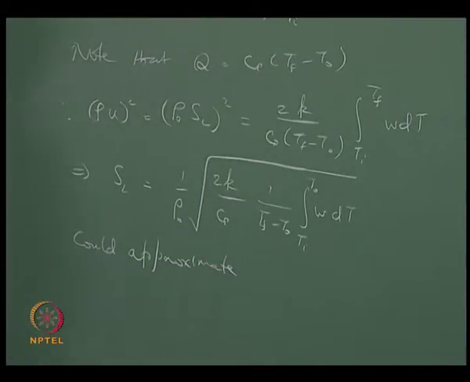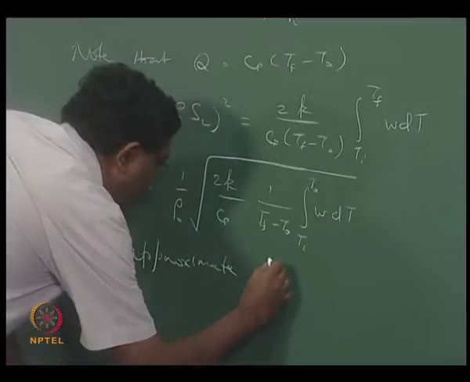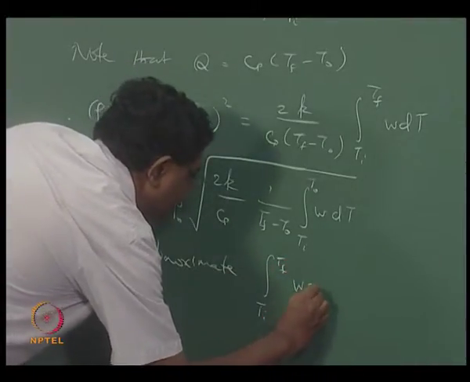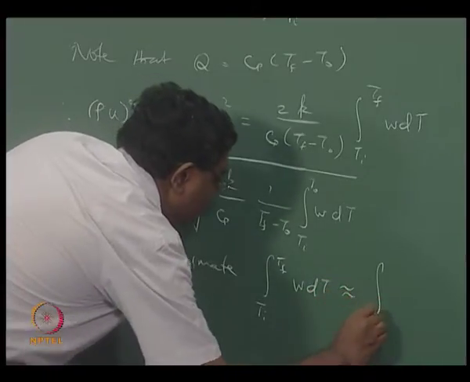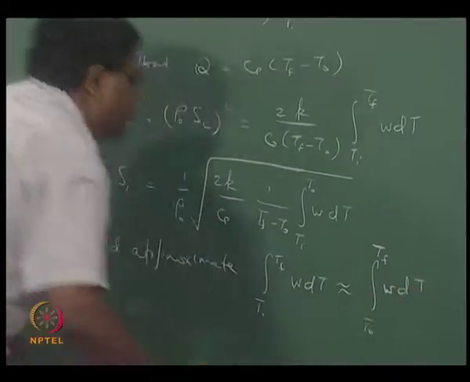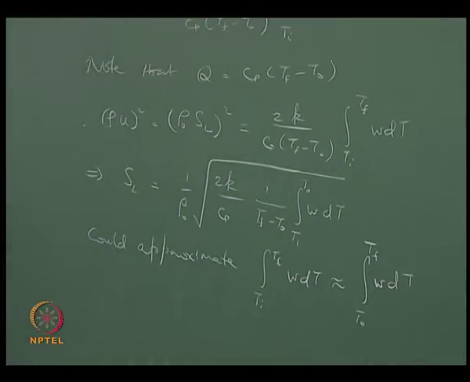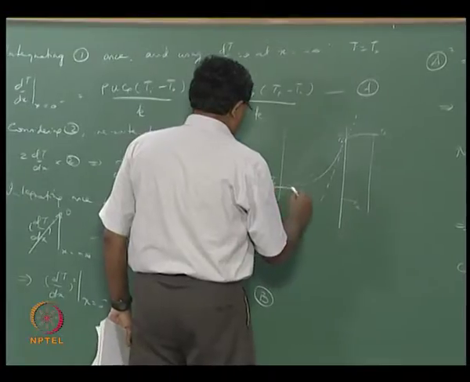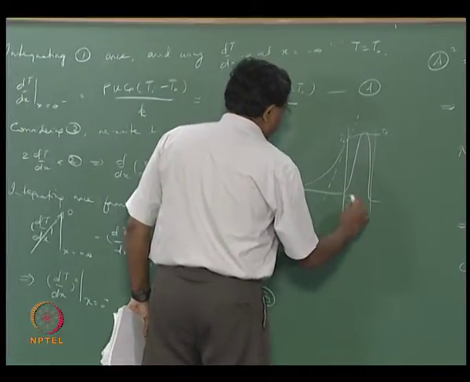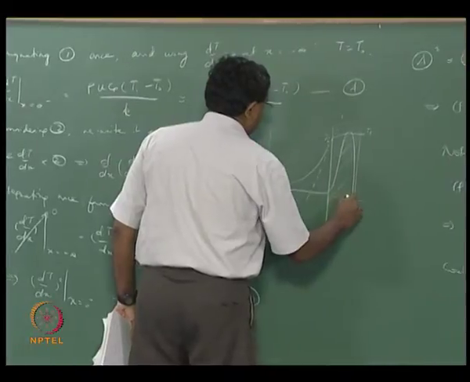Okay, we could approximate integral Ti to Tf of w dt as integral T naught to Tf of w dt without much error, because this is an integral, and what we are talking about is, if you now look at how the w goes, right, we are looking at essentially the area under this curve.